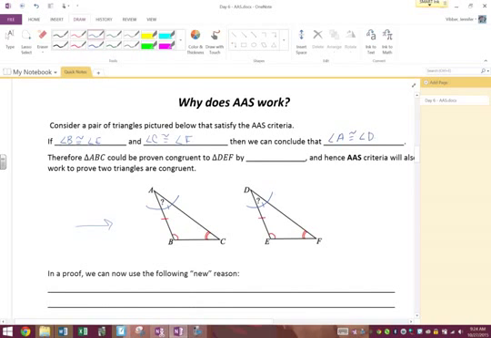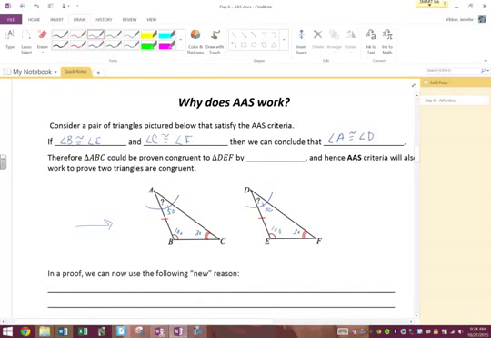Let's say angle B is congruent to angle E, and let's say magically that I knew that these were both 100. And I knew that C was, let's say, 30, making F 30. I now have 130 degrees here, so this has to be 50. I have 130 degrees here, so that has to be 50.